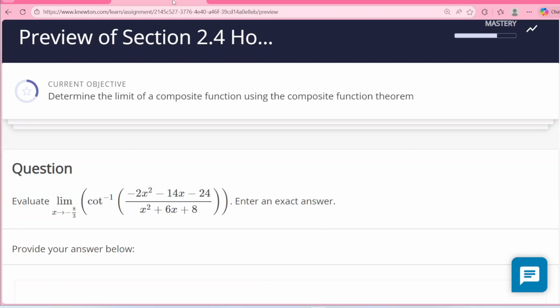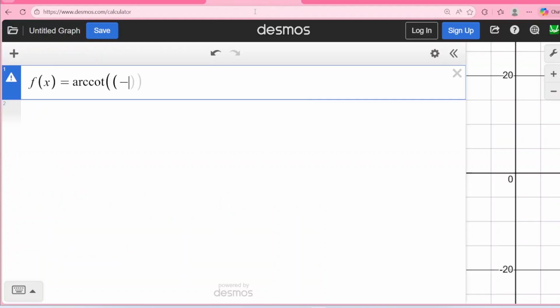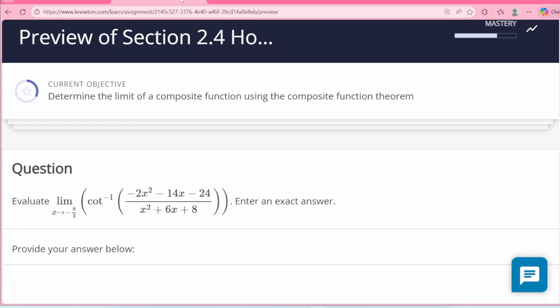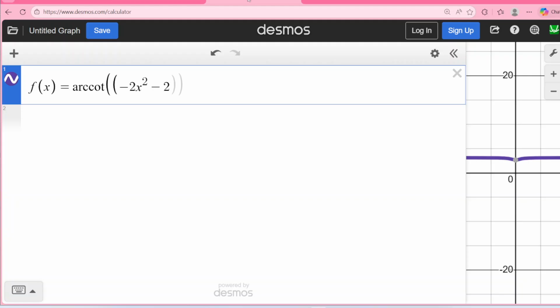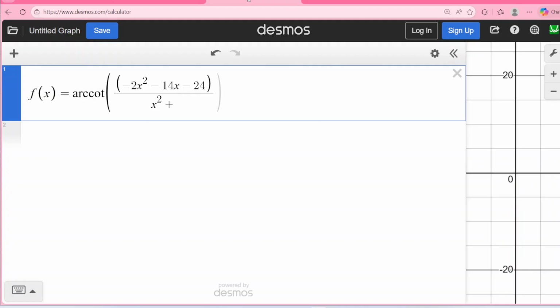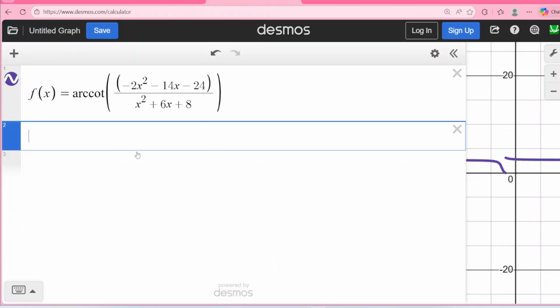Then we had -2x squared minus 14x minus 24 in the numerator, and then the x squared plus 6x plus 8 in the denominator. All right. So there's f of x, and then we're just plugging in -8/3.